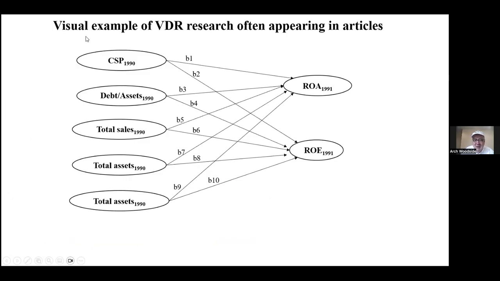Now, this is how often we see in articles this type of figure, where the Bi represents the B coefficients, or the betas if you standardize your data.